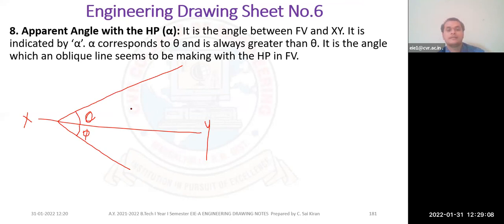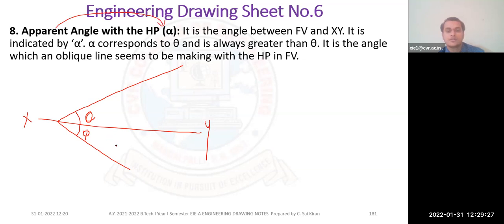Theta is inclined with respect to HP and phi is inclined with respect to VP. Theta will be above the XY line in the first quadrant. And next is the apparent angle.